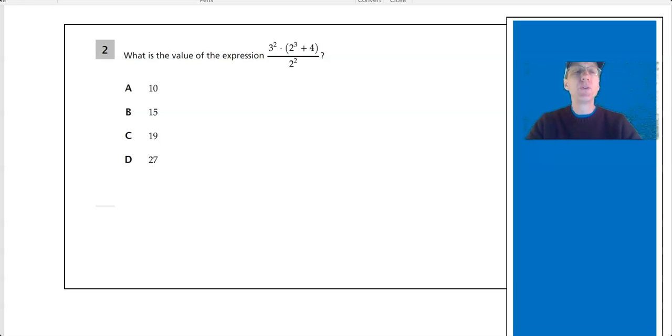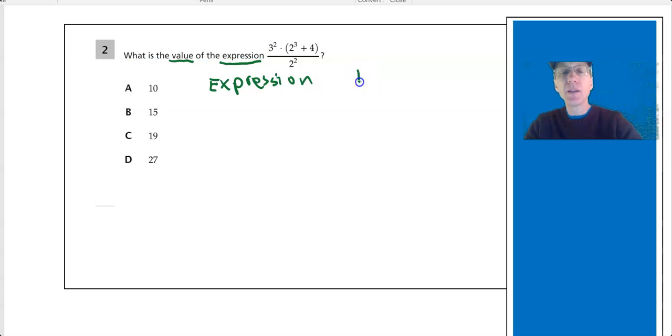Okay, question 2. Here we have: what is the value of the expression? First of all, let's make sure you're comfortable with the term expression, because we use the terms expression and equation a lot. Think about what the difference is between an expression and an equation. This is the expression they're talking about.